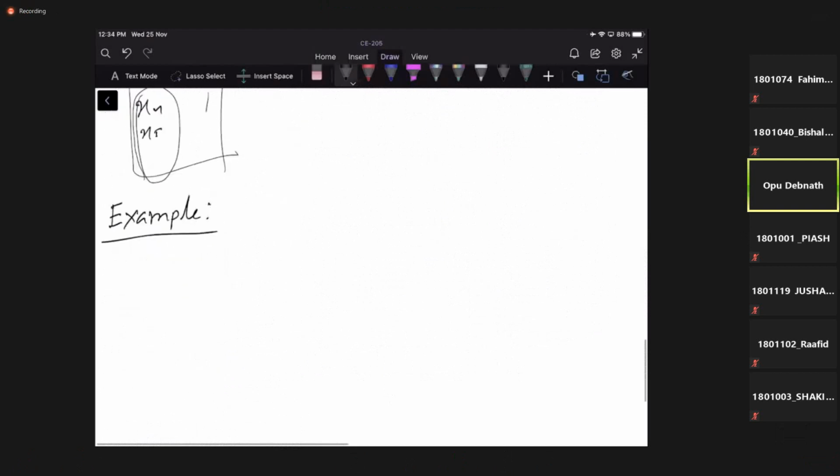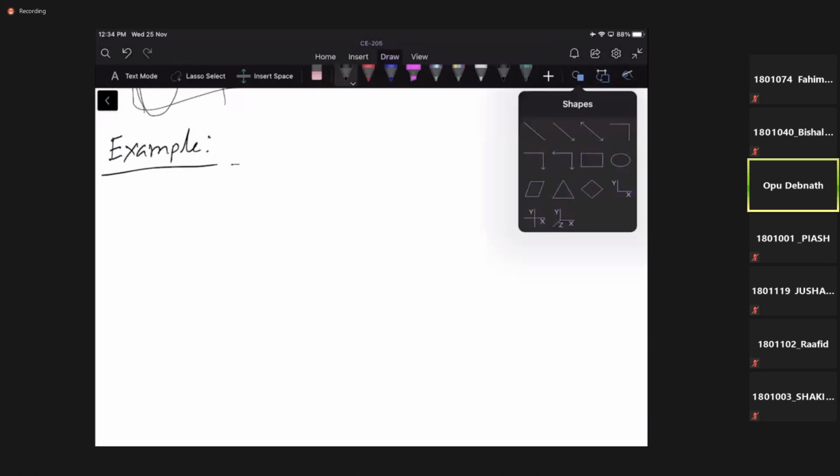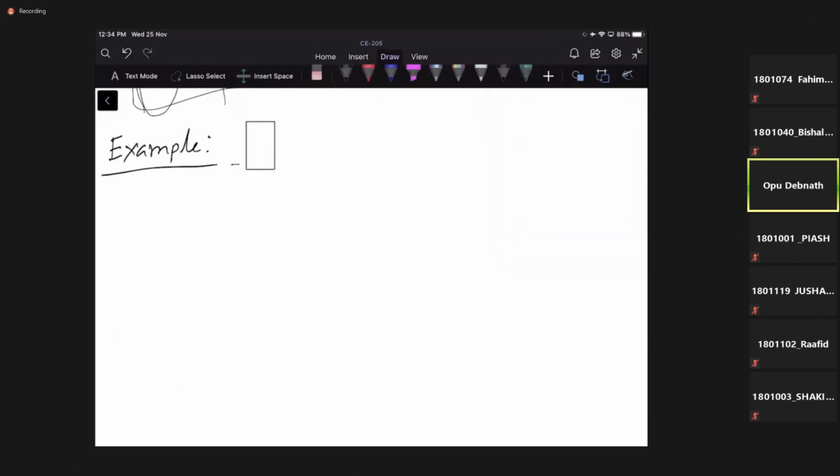That's why I always show some background data or background equations as well. So here is an example.